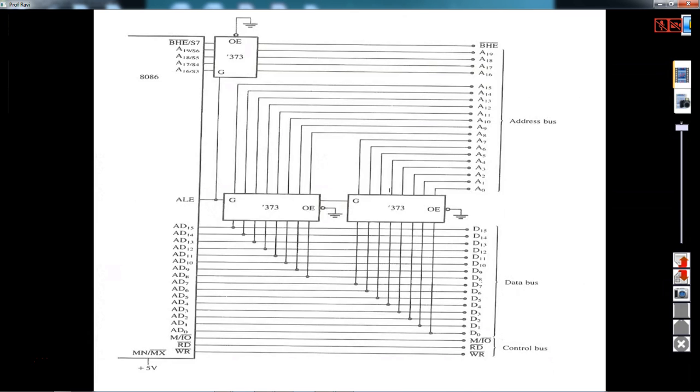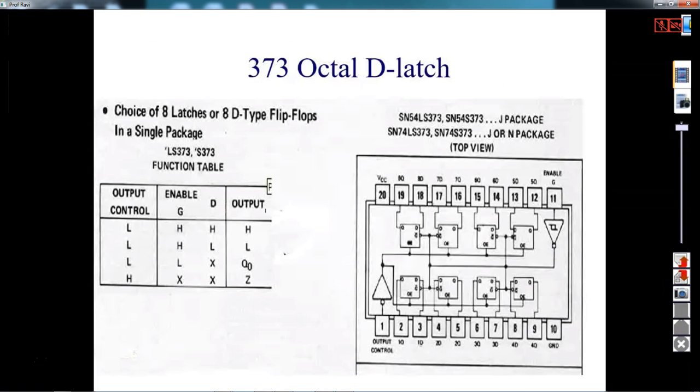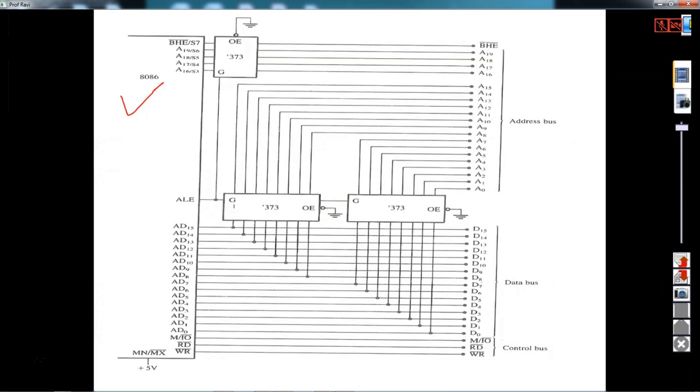So this is how they are connected. This is your 8086 processor, and this is your 373 IC. If you try to see, you have a pin called enable pin, which is the 11th pin, right? So ALE is connected to enable. How many latches do you need? 3 latches.